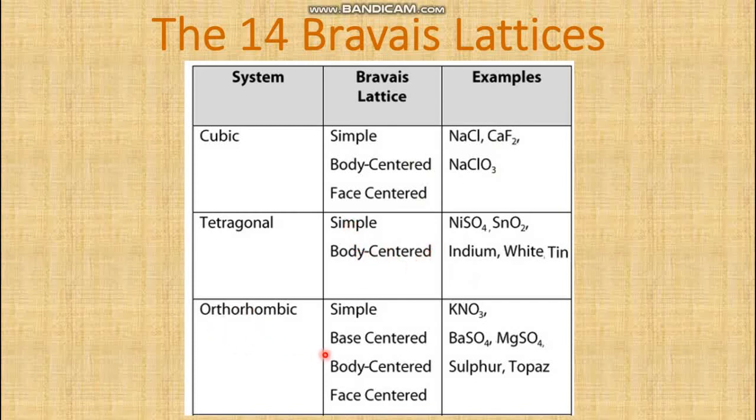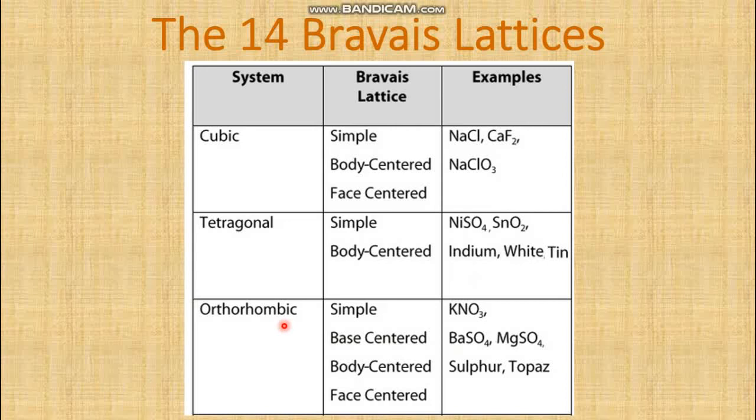Orthorhombic is the only system where all the 4 space lattices are available. Potassium nitrate, barium sulfate, magnesium sulfate, and topaz all have the orthorhombic structure, and also the sulfur which we call rhombic sulfur is actually orthorhombic sulfur. The rhombic name comes from orthorhombic.